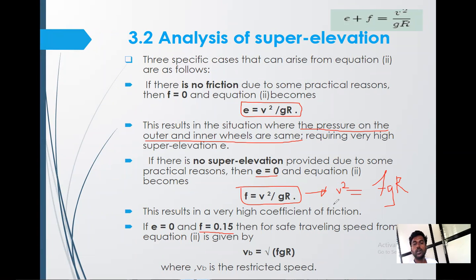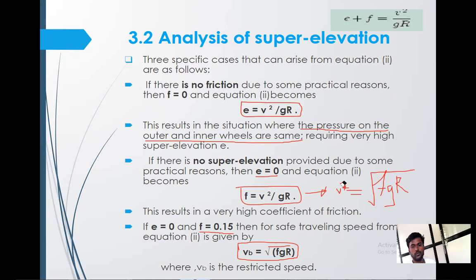Now I have to calculate the velocity. Removing the square, the equation becomes V = √(f × gR). So V is equal to the square root of f into gR.